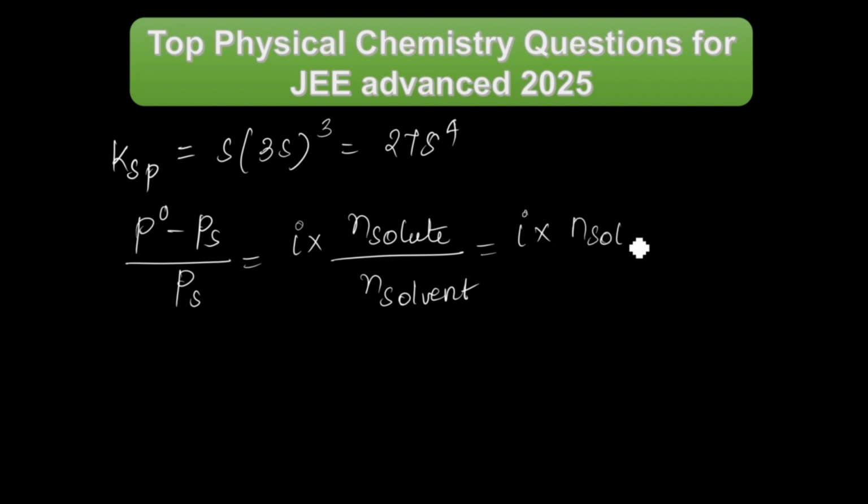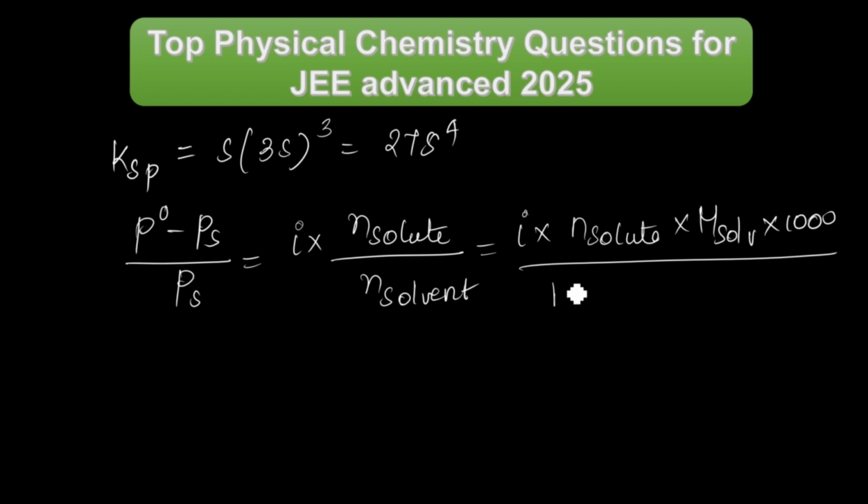So N solute into M solvent into 1000. Similarly, here also multiplying into N solvent into M solvent into 1000.